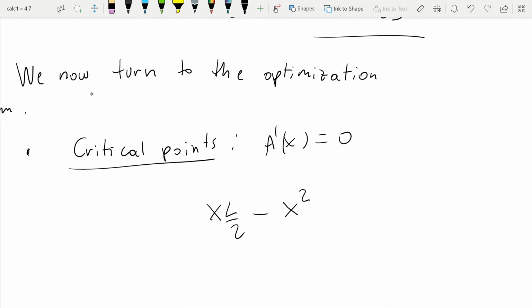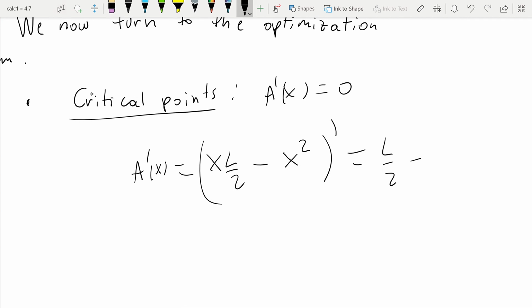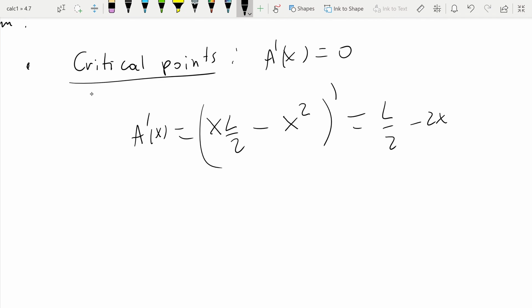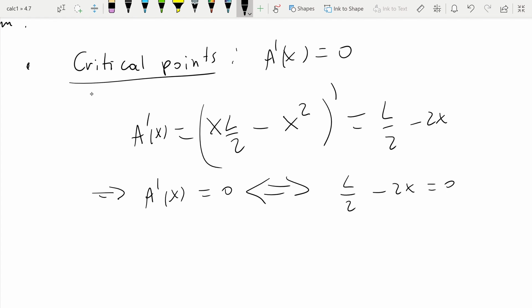So a prime of x is equal to the derivative of this expression here, and that gives us L over 2 minus 2x, and we set this equal to 0. This will only hold if L over 2 minus 2x is equal to 0, which implies that x is equal to L over 4.